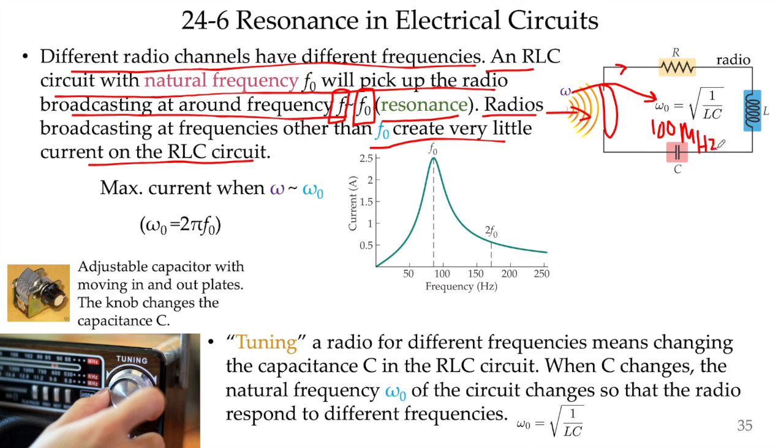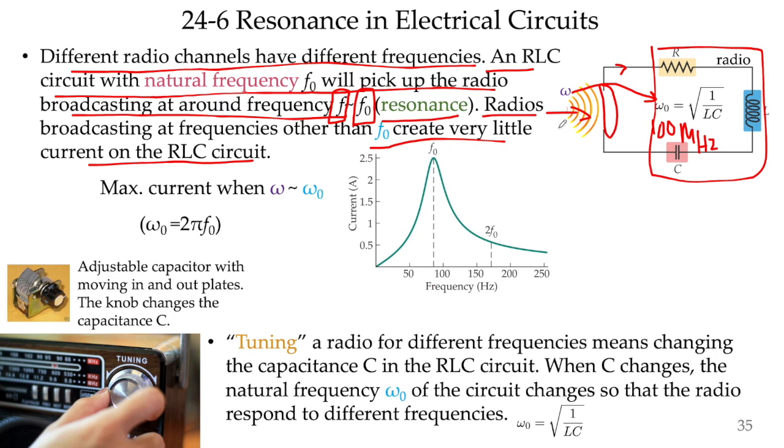Now all the radio waves like 88 megahertz, 90 megahertz, 95 megahertz are coming, but they will not create that much current in the circuit.